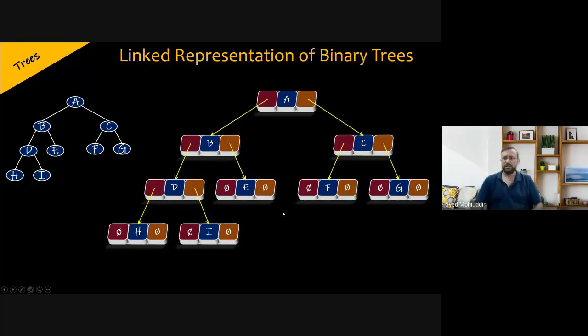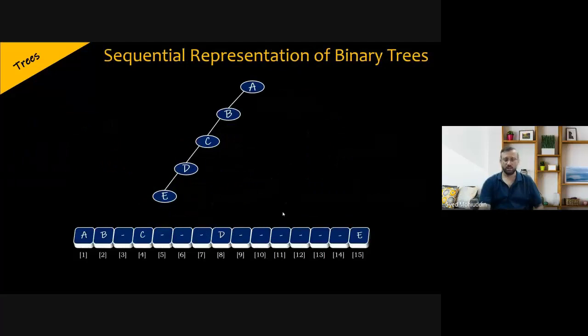Now the advantage of linked representation compared to the sequential or array-based representation is that in array-based representation we have to allocate enough memory to store the nodes based on the numbering given to each node as the index. So there is a lot of wastage of space.